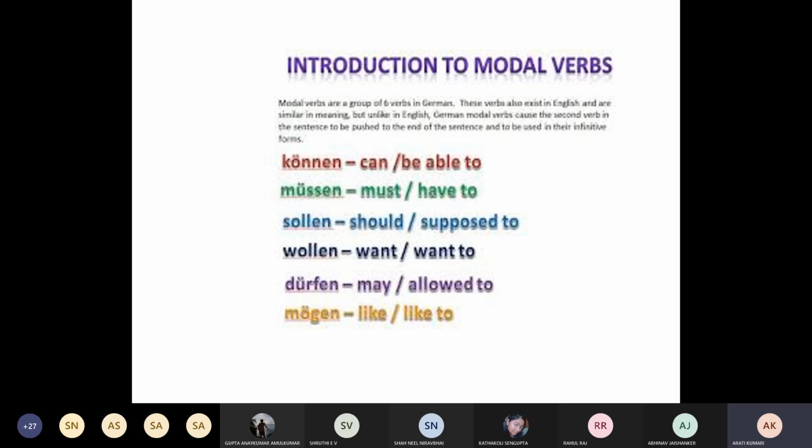For example, you can say, we are not allowed to smoke on campus. So how do we say that?